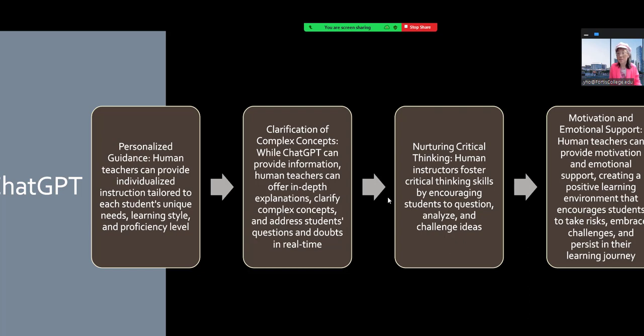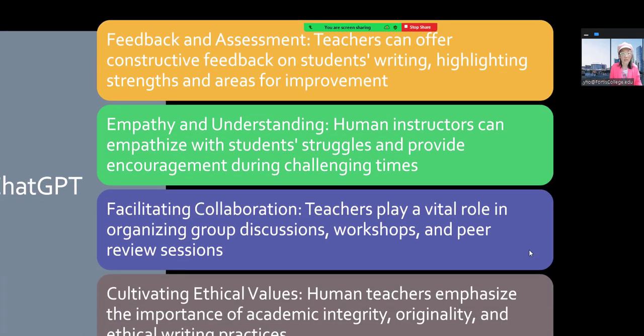Human teachers can provide motivation and emotional support, creating a positive learning environment that encourages students to take risks and embrace challenges and persist in their learning journey. Feedback and assessment. Teachers can offer constructive feedback on student writing, highlighting strengths and areas for improvement.